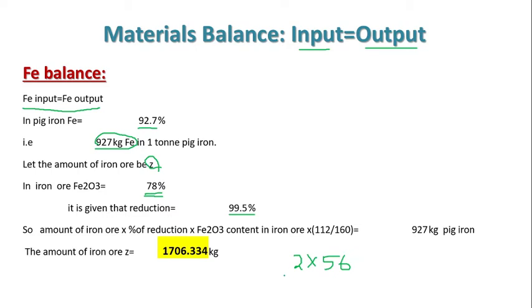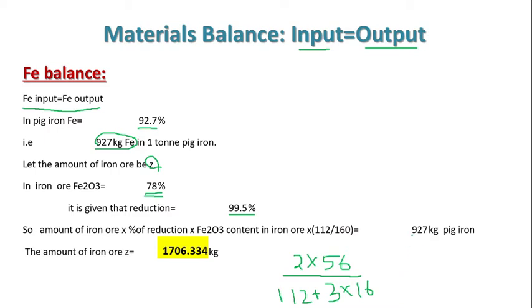Along with that, when we go for the total mass of Fe2O3, O3 means 3 into 16, that is 48. So 112 plus 48, that will be 160. That's why it is called 112 divided by 160. We have calculated the theoretical iron in the Fe2O3.